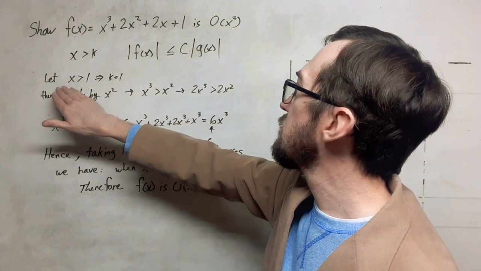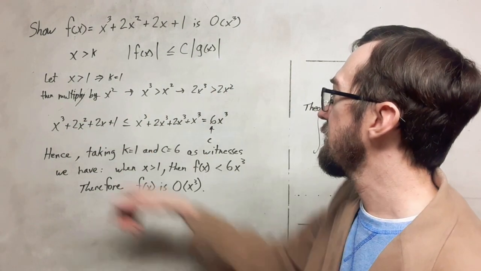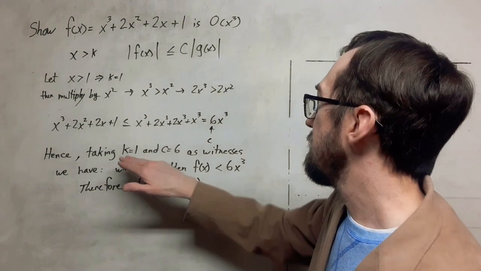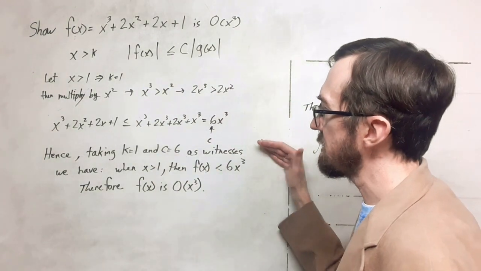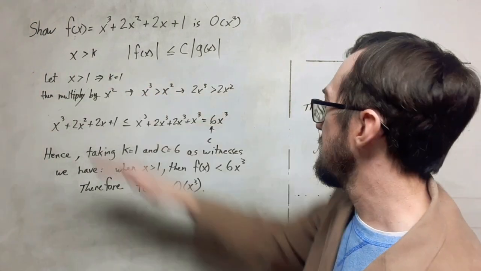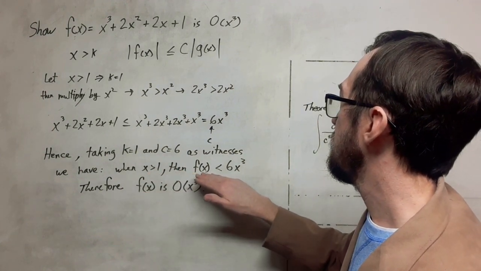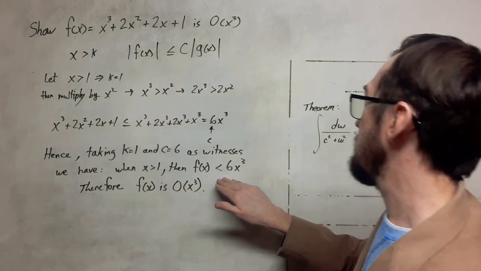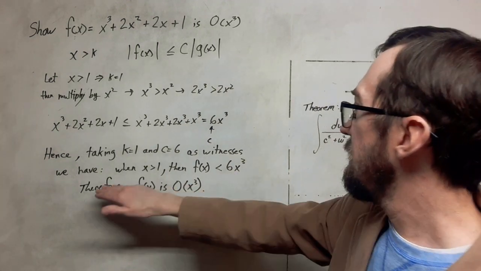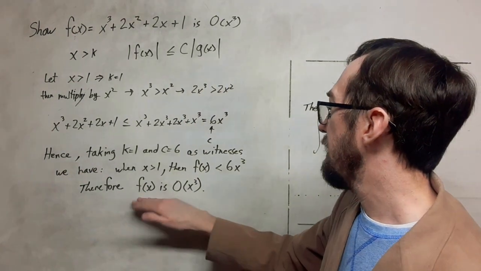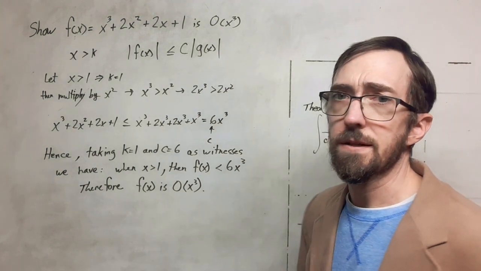We have chosen a value, looked at the consequences here, and now we can conclude that if k equals 1 and c equals 6 are our witnesses, we have met this condition here. And we have shown that f of x is less than or equal to this system here. And so we can therefore conclude that f of x is big O of x cubed.